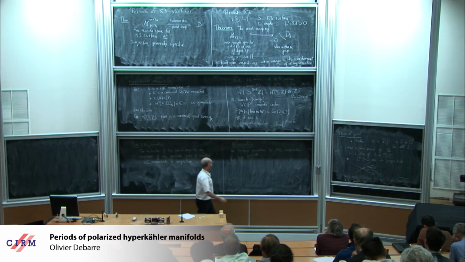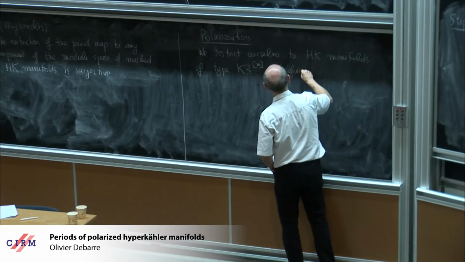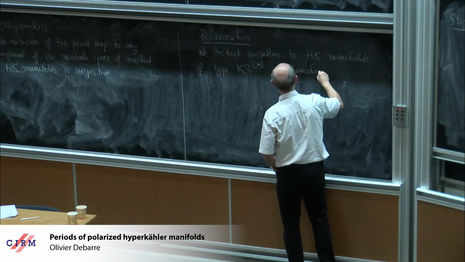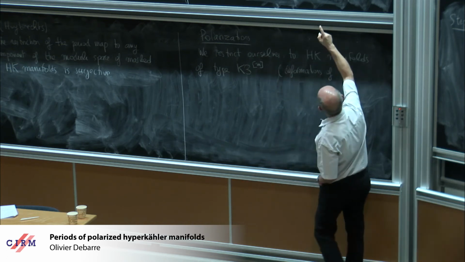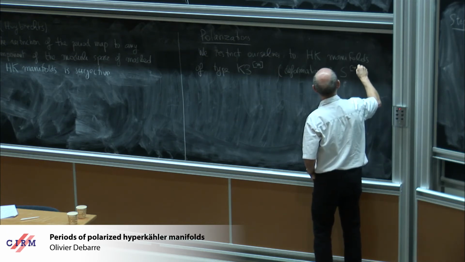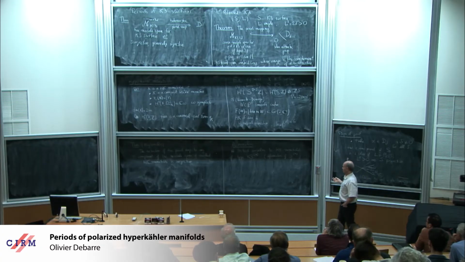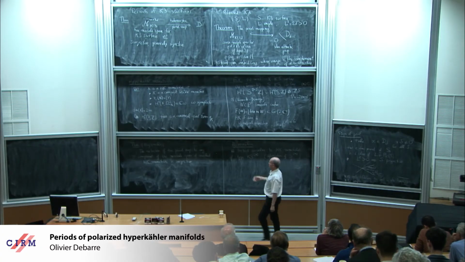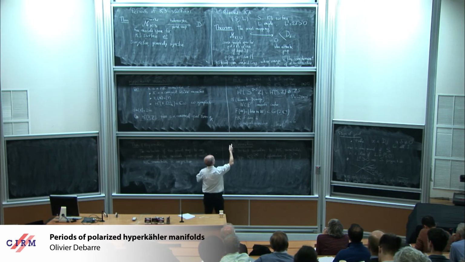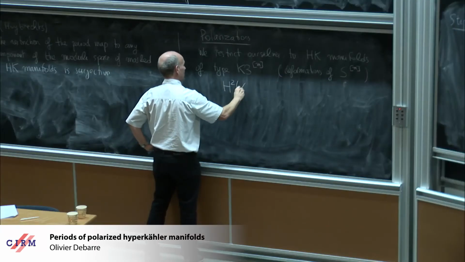It means that they are smooth deformations of the second example that I gave above. This has the advantage of fixing the lattice here. The lattice is described in example 2.